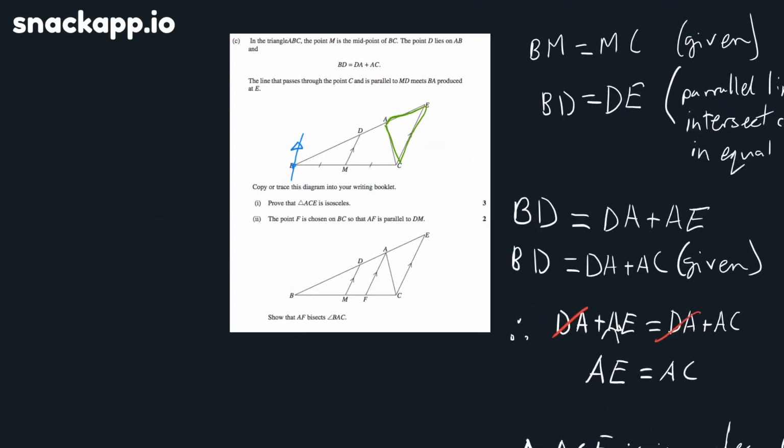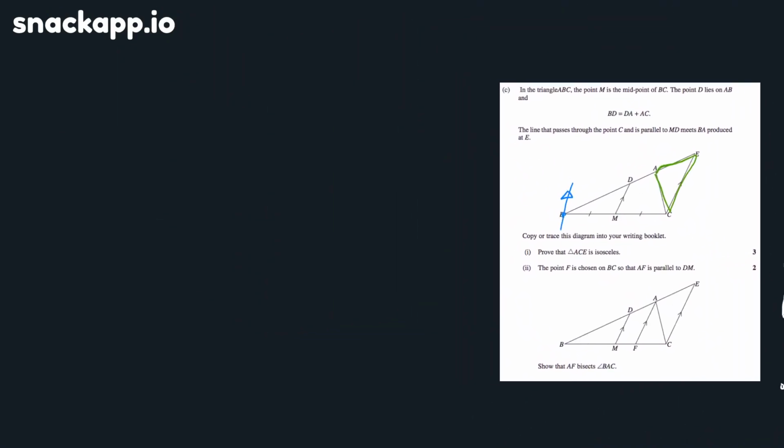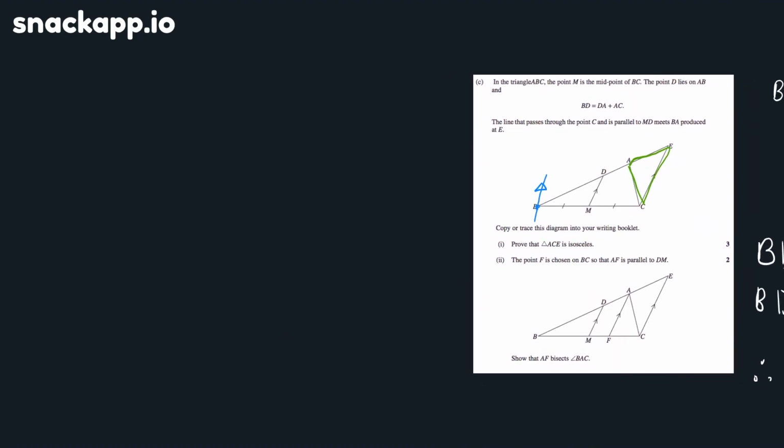The next question is saying that point F is chosen on BC so that AF is parallel to DM. What we then need to show is that AF bisects BAC.